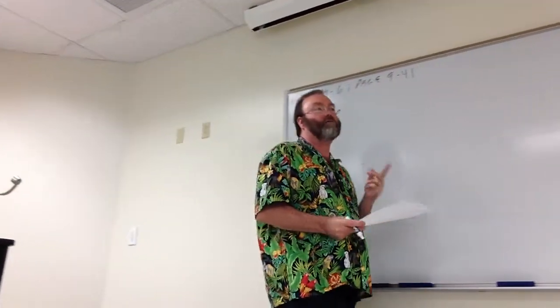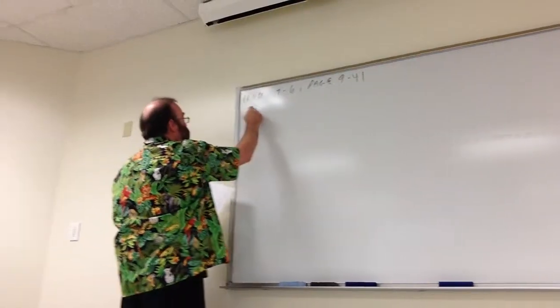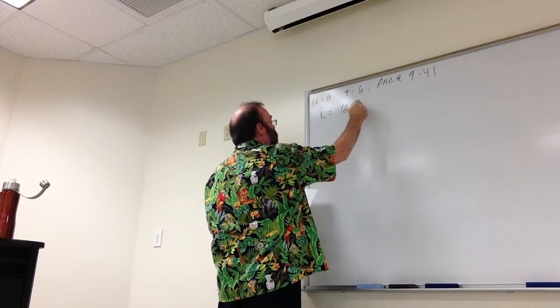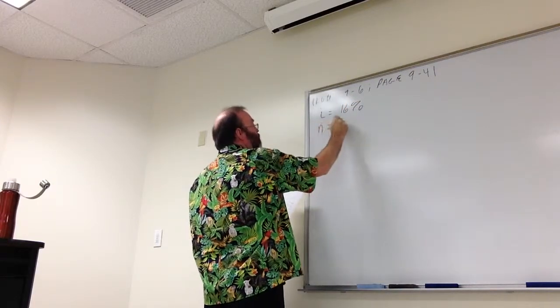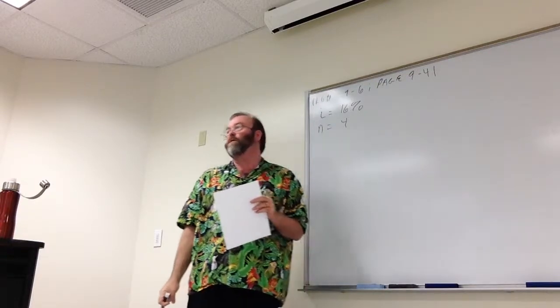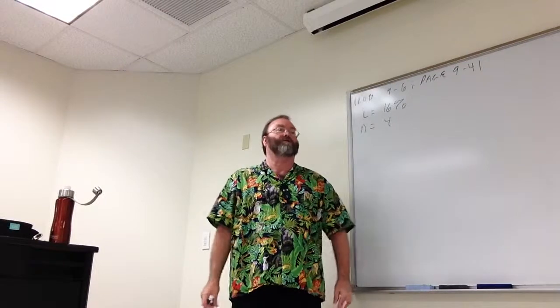So what you need to do is compute the present value at a discount rate of 16%. So I is equal to 16%. N is 4 because you're making 4 quarterly payments. So the first question is what table are you going to use?